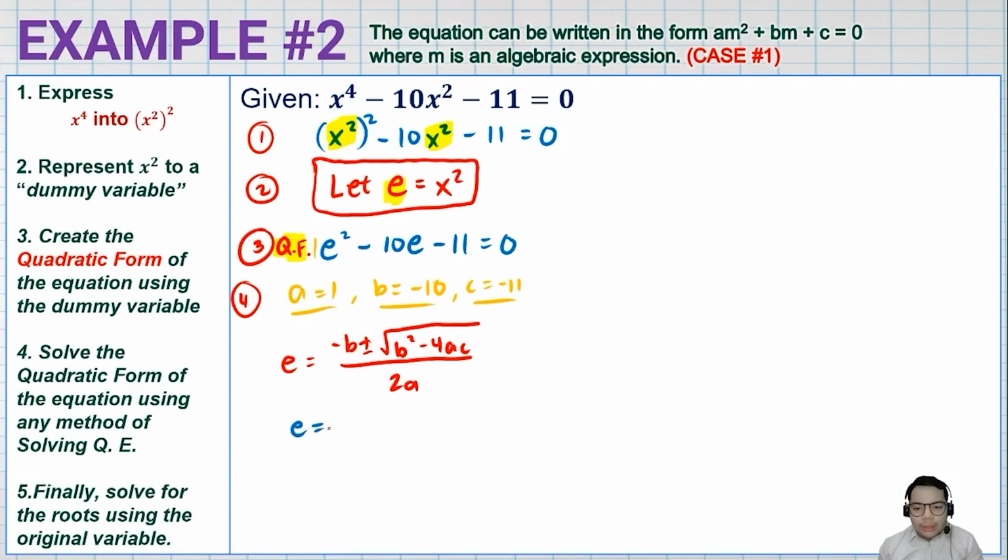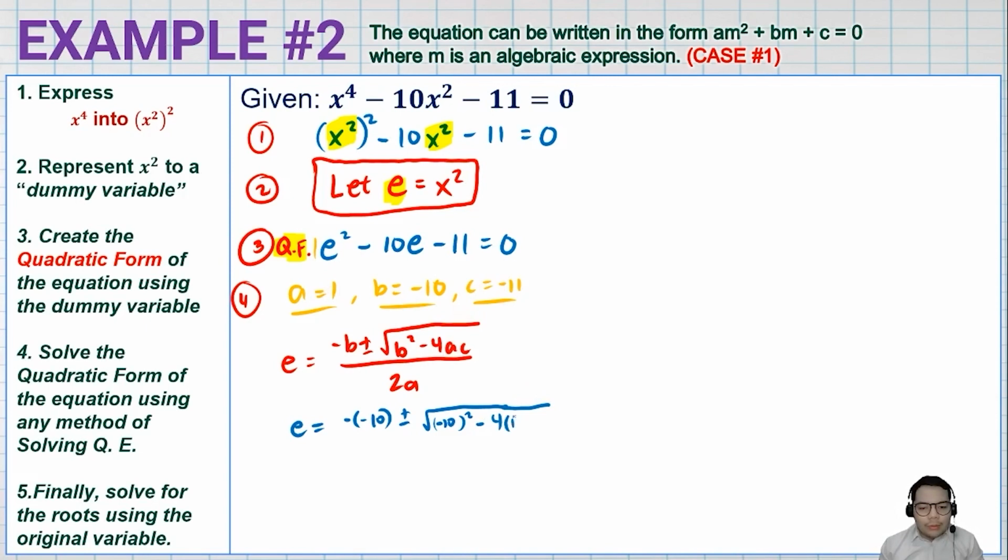From that, we substitute the values. So, E is equal to negative of b. Ano ba yung b natin? Negative 10. Tandaan, pag may negative pa, susulat din natin yung negative na yon. So, negative of negative 10. Plus or minus the square root of b squared. So, we have b is equal to negative 10, so negative 10 squared minus 4ac. A is 1, then c is negative 11.